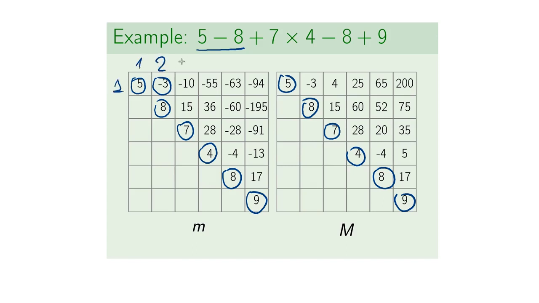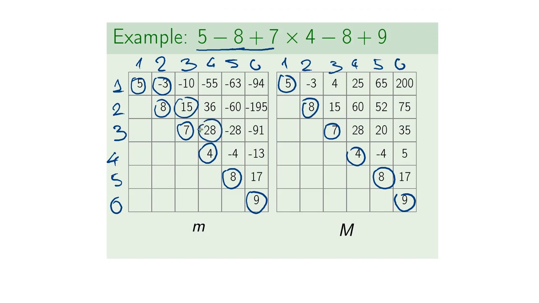Let me put all the indices here, by the way. Then we proceed to the cell 2, 3, which corresponds to this subproblem. Again, there is nothing to maximize or minimize, so we continue in the same way. In this case, it is not so interesting.